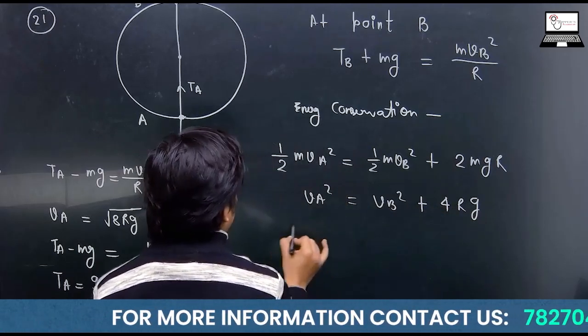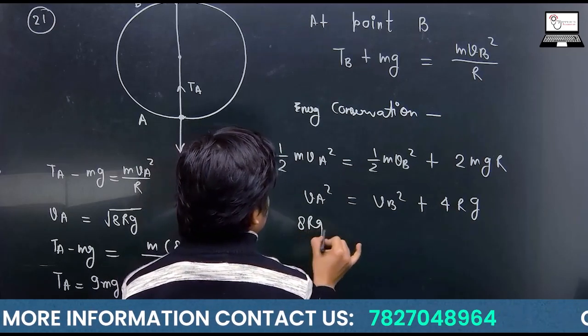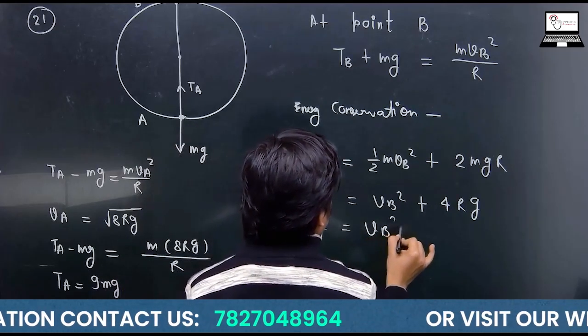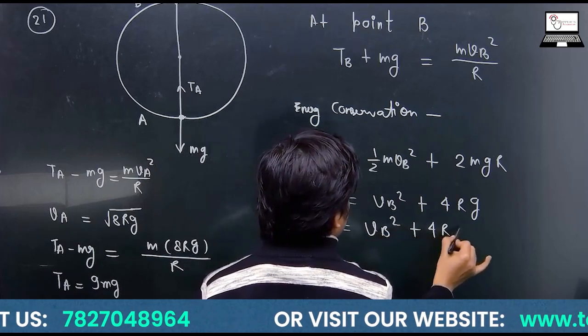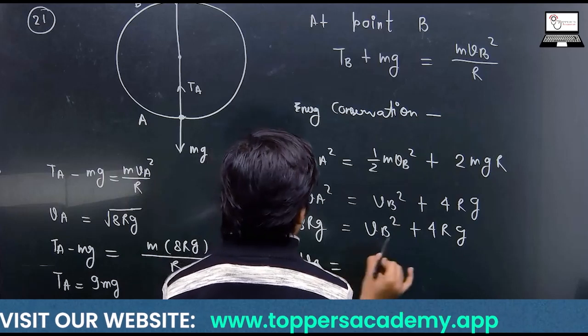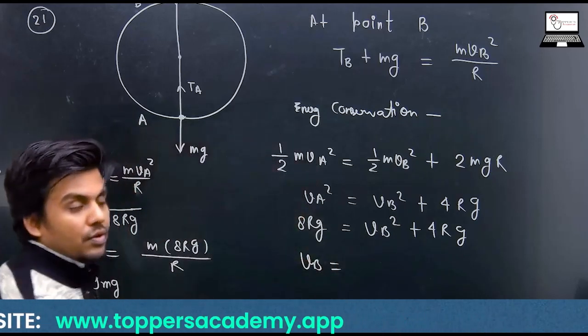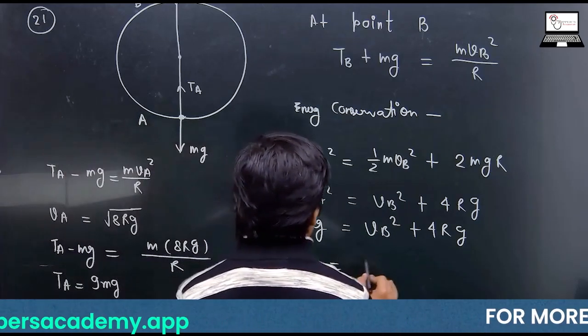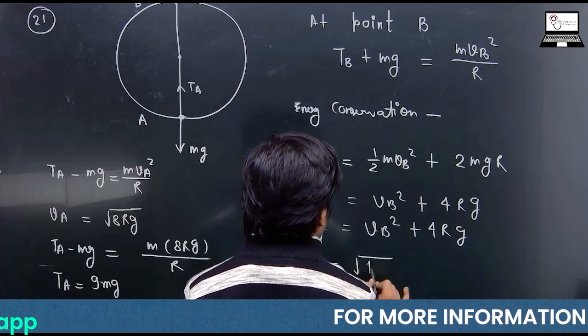VA square is 8rg, so VB square comes out to be 8rg minus 4rg, that is 4rg. If you take the square root of that, you will get the square root of 4rg.